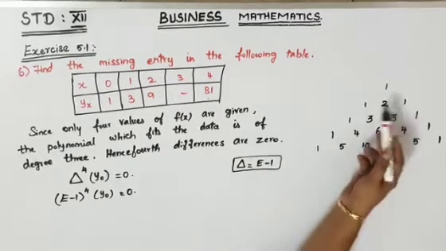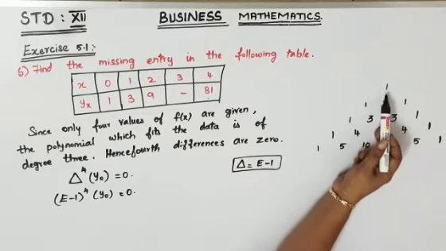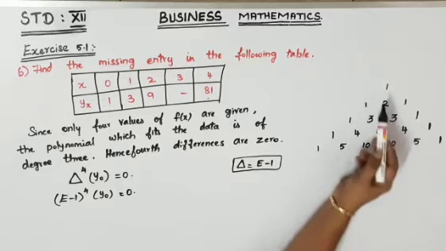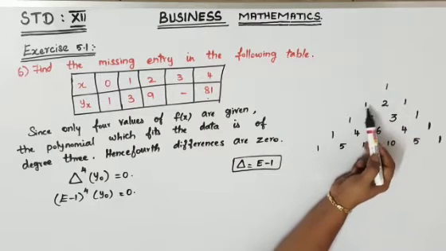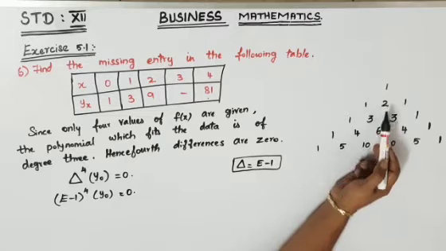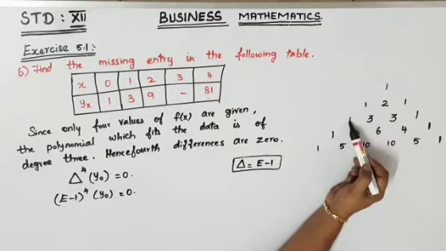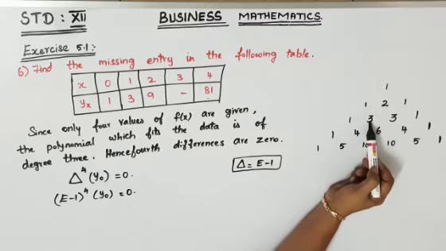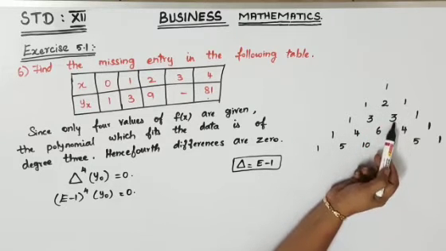How to write this Pascal's triangle: first write 1 here. In the end you can see all the numbers will be 1. So 1 and 1 will be there. Adding 1 and 1 you get 2. Now this 1 will be there as it is, and in the end also 1. So 1 plus 2 you get 3. Again 2 plus 1 you get 3.